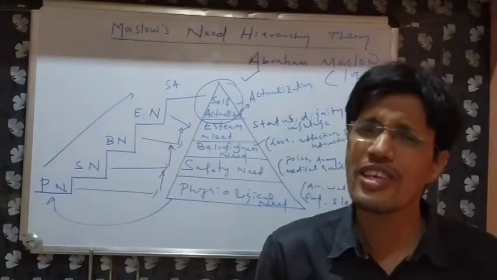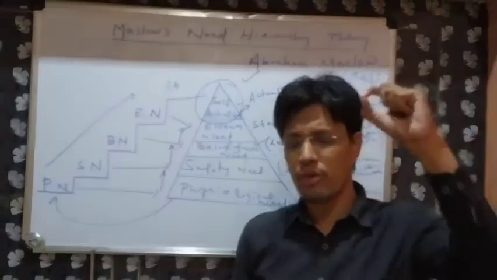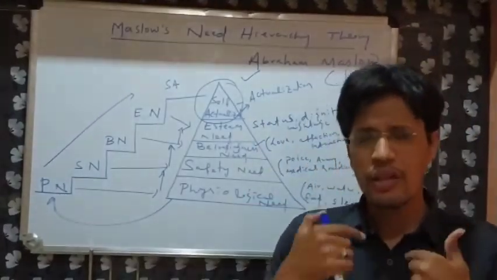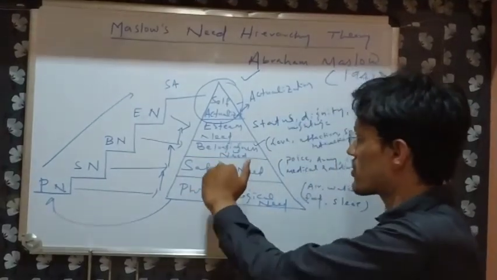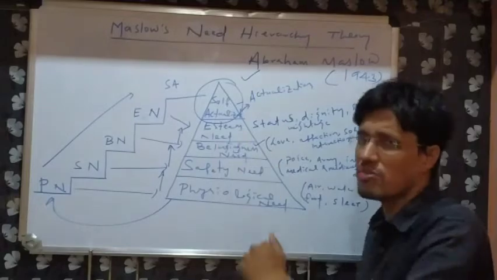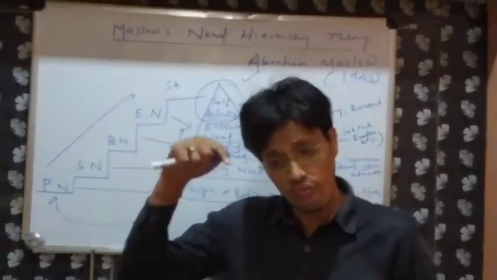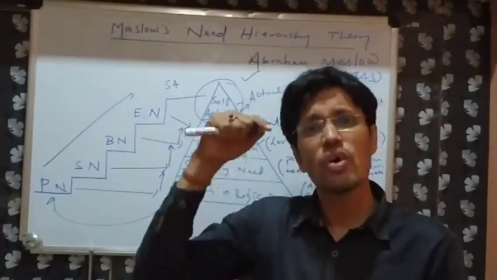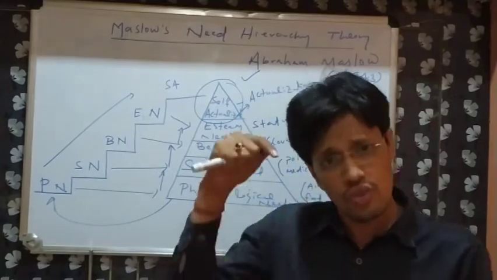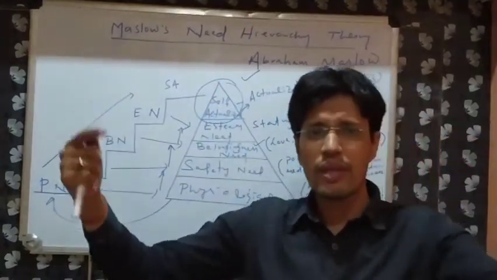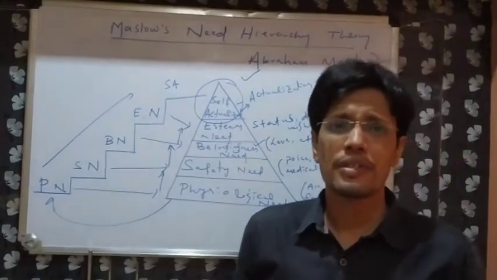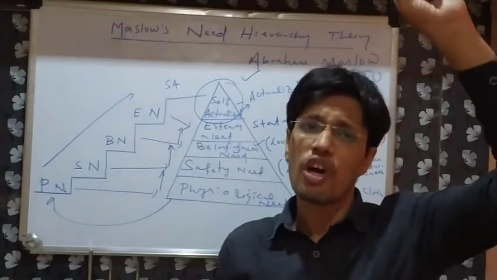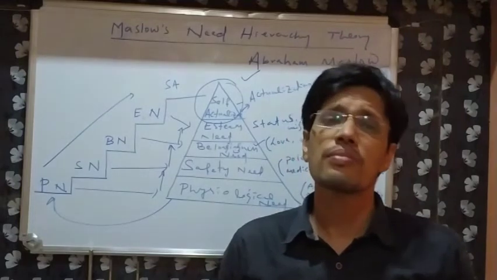Self-actualization is the point when one has achieved all such needs: physiological, safety, belongingness, and esteem need. He tries to focus on his own growth, his own development, so that he could reach the top of the position.